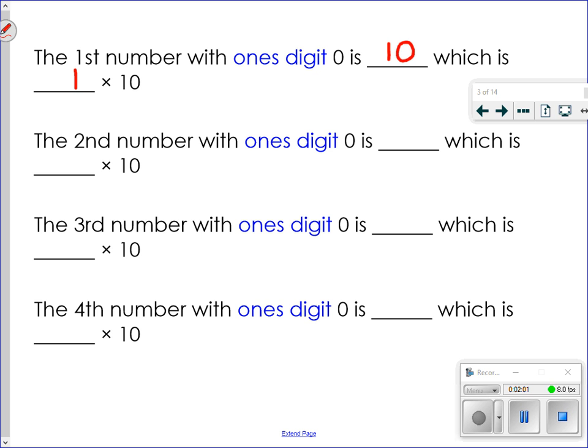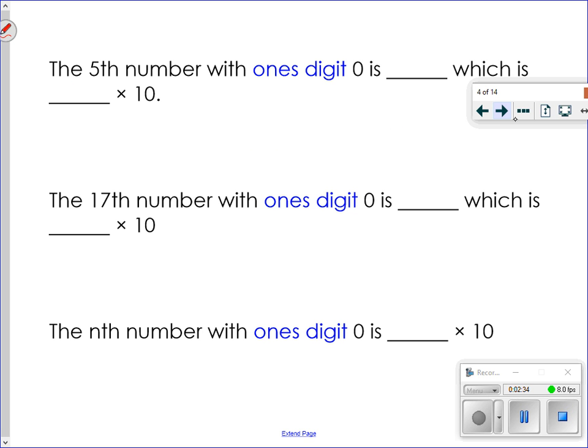What would be the next number that would have a ones digit of 0 in counting order of all numbers? That's 20, and 20 is 2 multiples of 10. The third number that would have a ones digit 0 is 30, which is 3 multiples of 10. The fourth number with a ones digit 0 is 40, which is 4 multiples of 10.